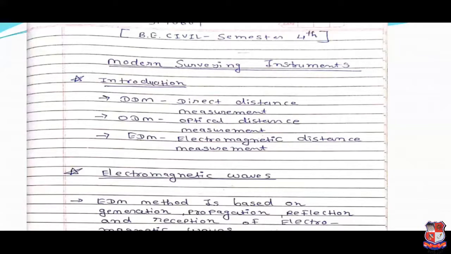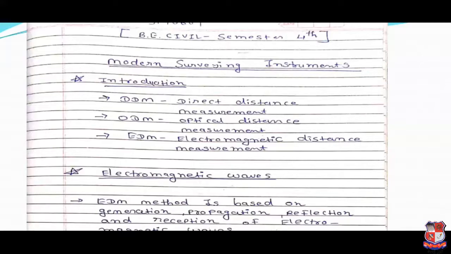In direct distance measurement, we use chain survey or tape survey, which is an older method, not that accurate and time consuming, used for surveying in older days.